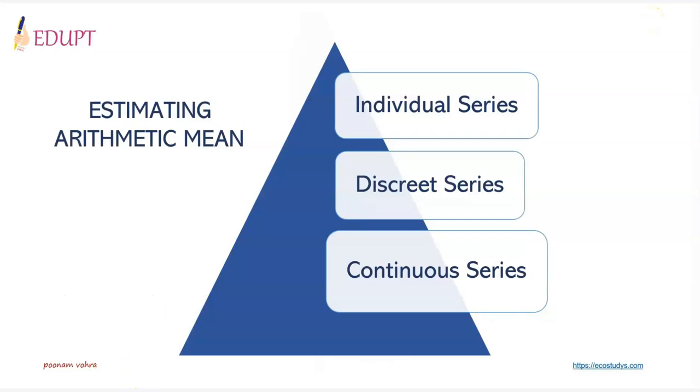In the previous unit, you have already understood the difference between individual series, discrete series, and continuous series. So one can estimate arithmetic mean in all the three series. When one talks about individual series, the data is ungrouped, whereas when one talks about discrete or continuous series, the data is grouped data.